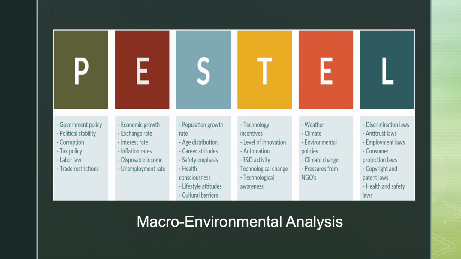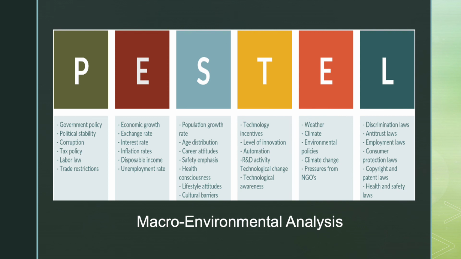It stands for political, economic, sociocultural, technological, environmental, and legal aspects of the macro environment. And each one of these areas can provide sweeping changes that can impact the industry within which we are embedded and our company itself.